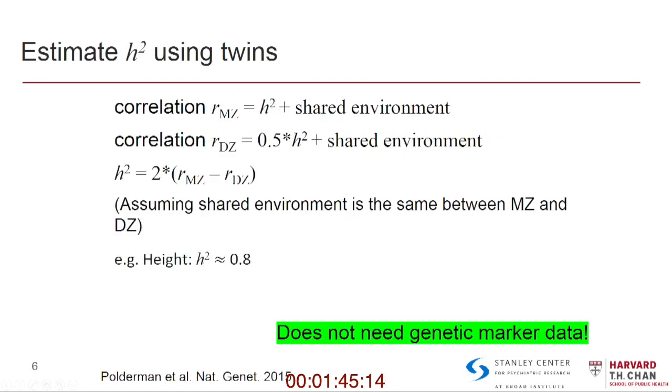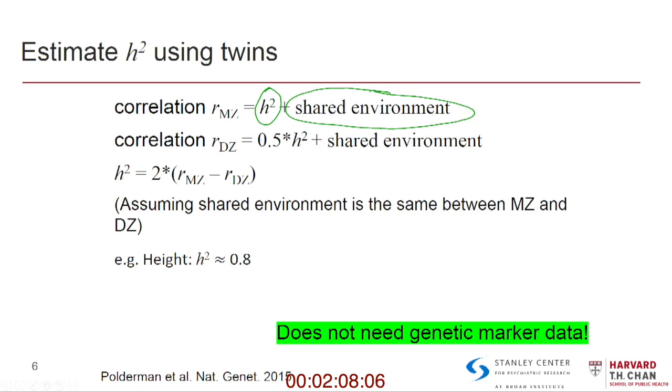It can be done by comparing the concordance of the phenotype measurements in monozygote twins and heterozygote twins. We know that in monozygote twins, the genetics are exactly the same across the twins, so you have the full contribution from the genetic component plus the shared environment of the twins.